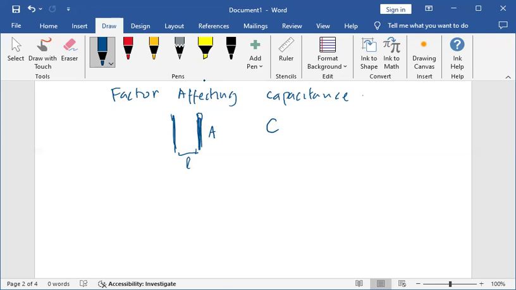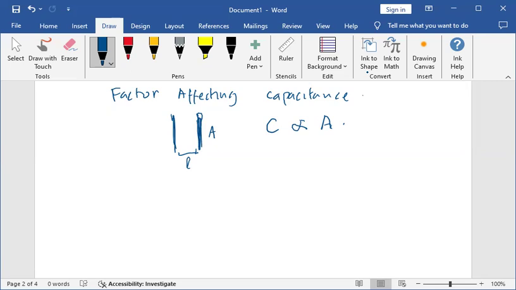So it's proportional: it will be directly proportional to A. And then with L, if the distance is small, the electrons will be easier to move.